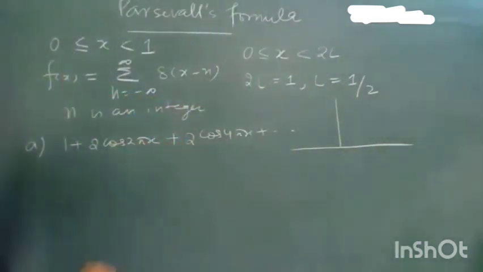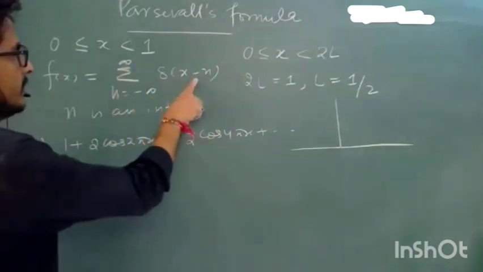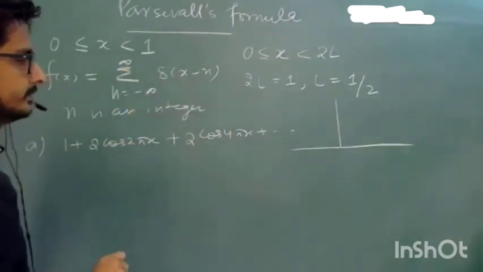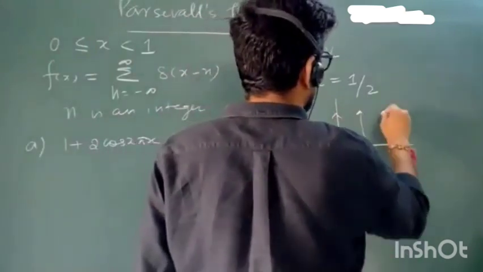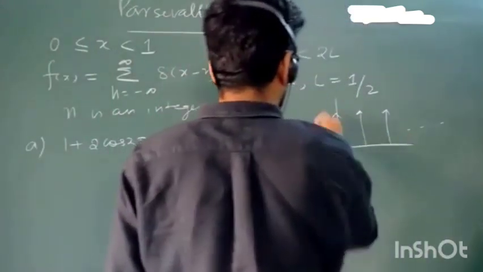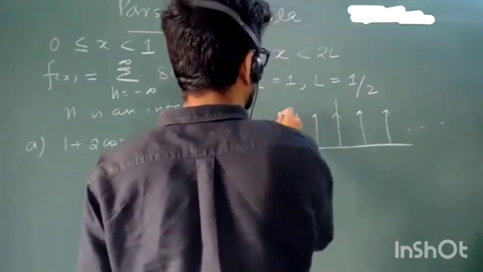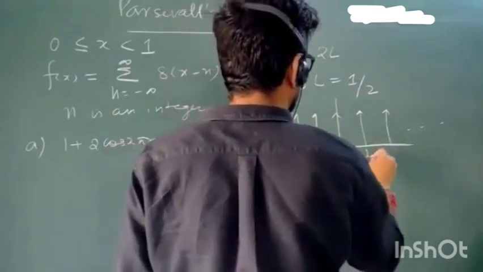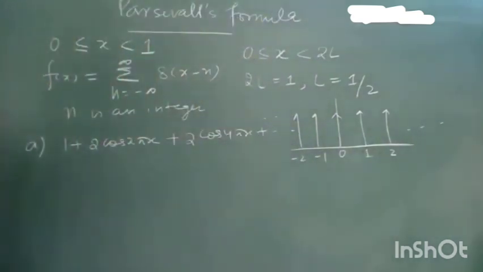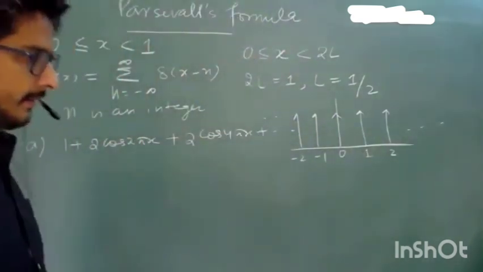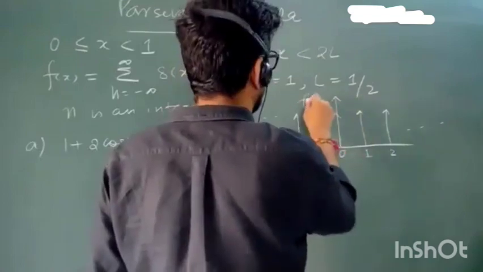So let us plot this. Plot it for different values of n from minus, so n is equal to 0 will also come, right? So that means the delta function will be here, here, here, like that, and here, here, like that. So this is 0, this is 1, this is 2, this is minus 1, this is minus 2. These are the locations of the delta function. Correct? So this is f(x).